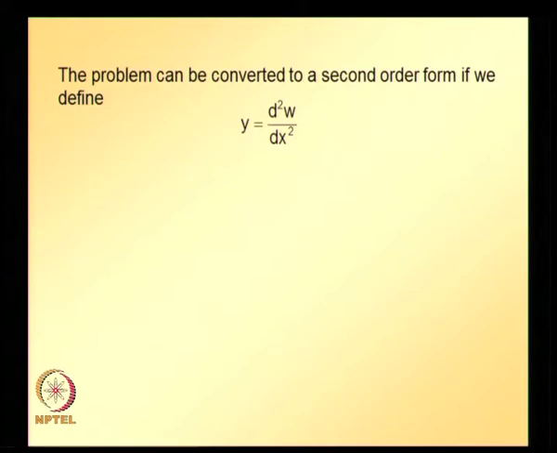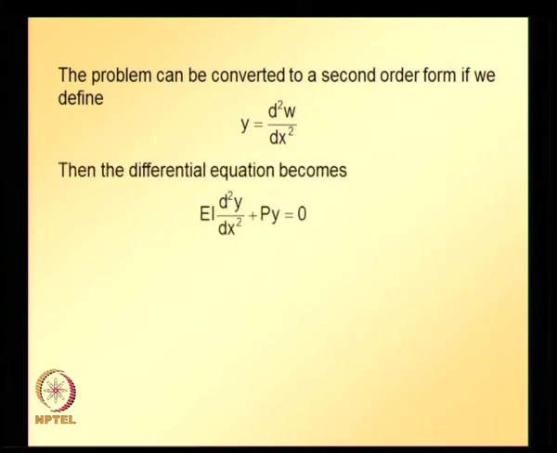The problem can be converted into second order form if we define y is equal to the second derivative of w with respect to x square. Then the differential equation for this particular problem becomes this one after making the substitution, and we can compare this with the general one dimensional boundary value problem because both are second order differential equations.